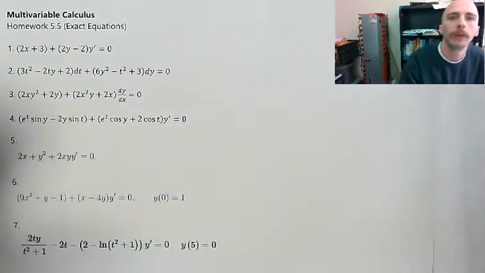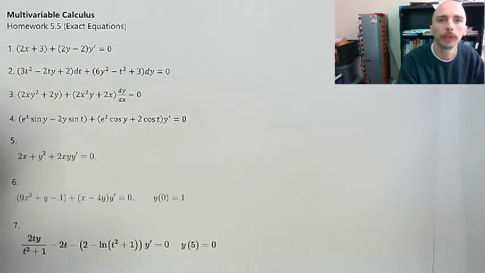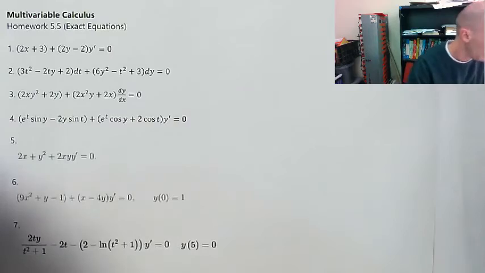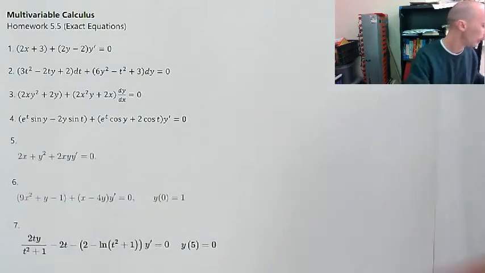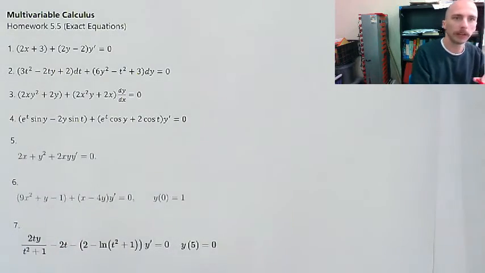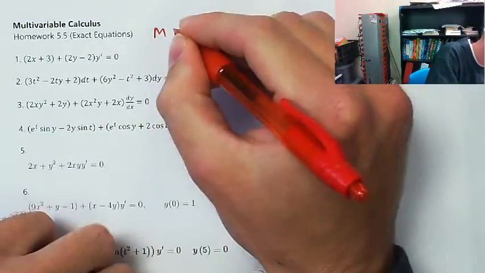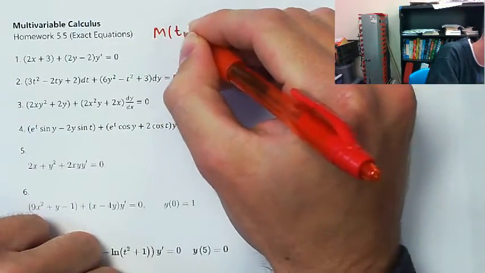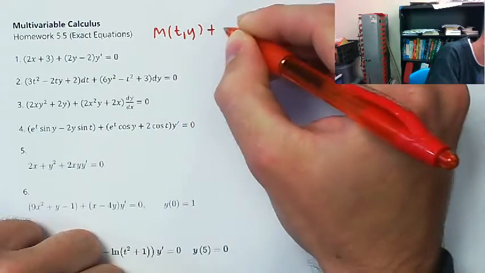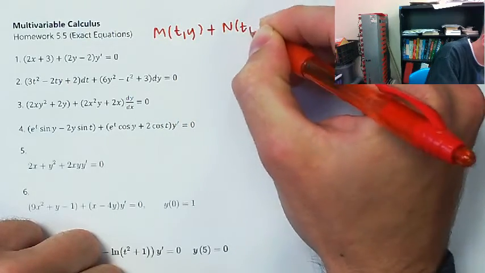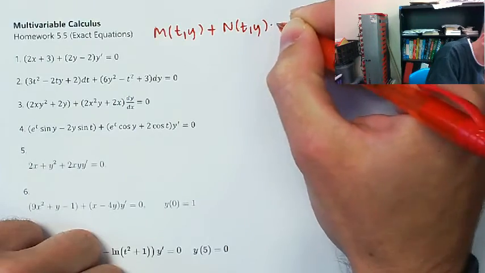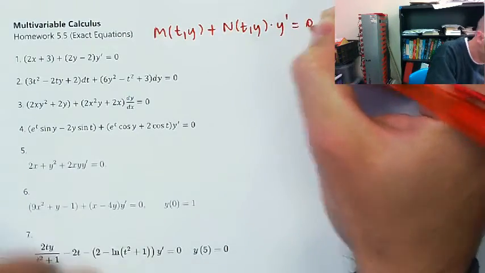All right, welcome. In this video, I'm going to be working some exact equations examples for differential equations. These are the ones where we've got an equation of the form M, which might depend on t and y, plus N of t and y multiplied by y prime, equal to 0.